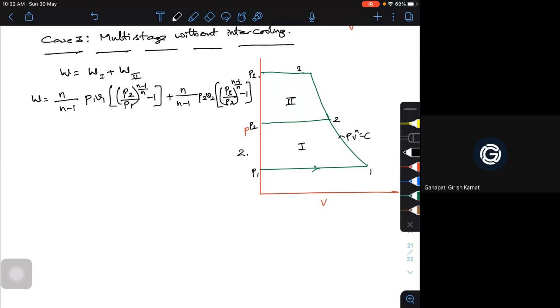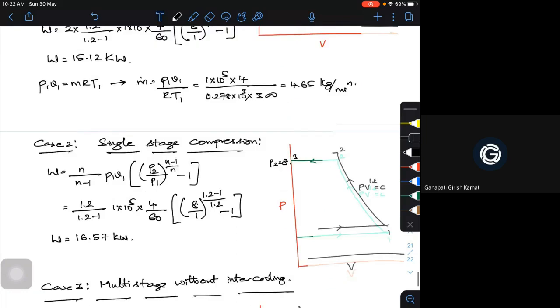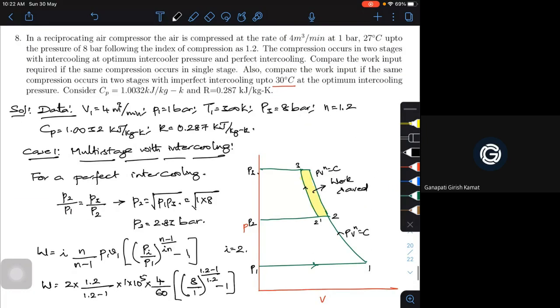What is the value of V2? I can get it directly from P2 V2 is equal to MRT2, that particular formula. So what is the value of P2 here? See, T2 will be 30 degrees more than your T1.